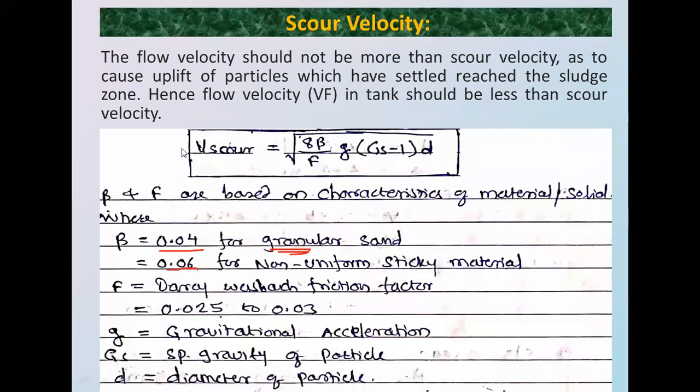Similarly, the F value is nothing but the Darcy-Weisbach friction factor, and it varies from 0.025 to 0.03.